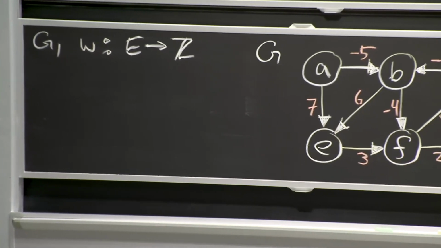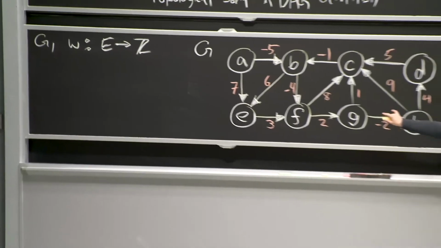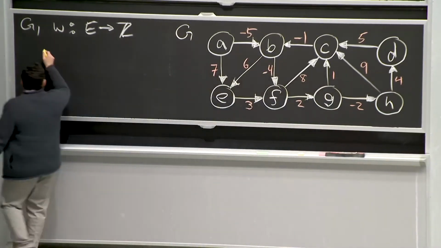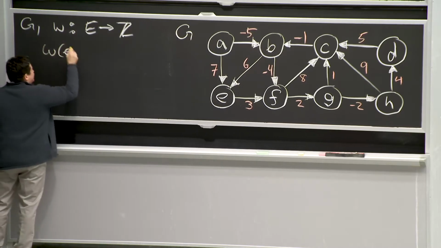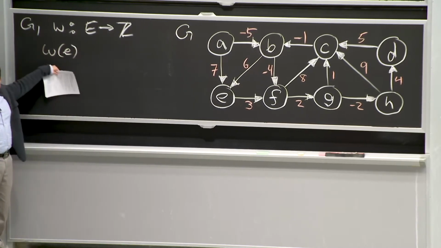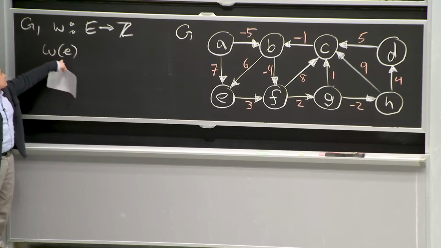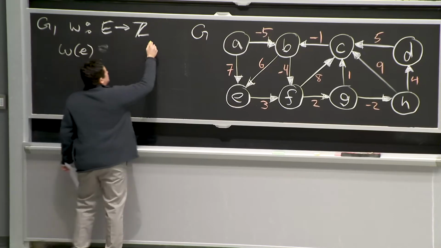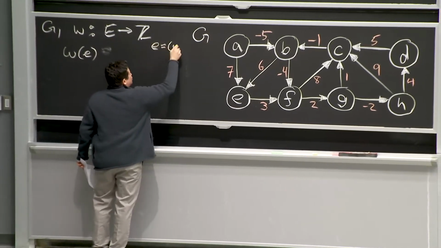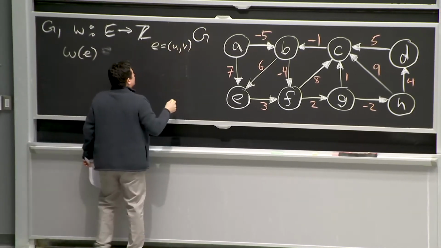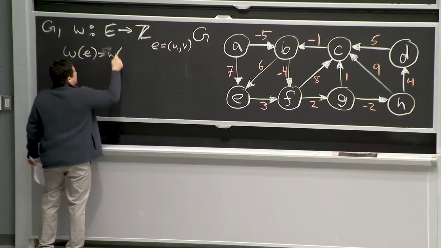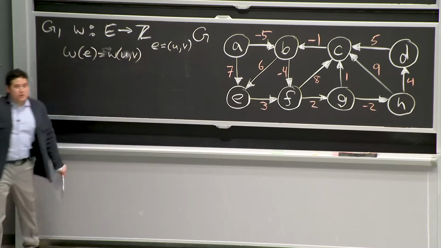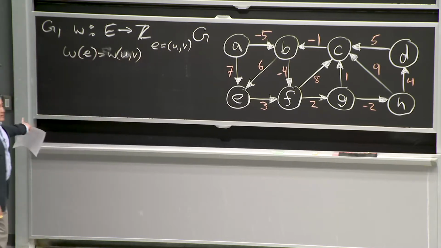In other contexts, in mathematics, you might have this be real numbers, but in this class, we're going to deal with integers. So for each edge, we're going to say this is the edge weight, the weight of this edge E. We might sometimes, if this edge E is (u, v), say the weight from u to v, since we have a simple graph that's unambiguous, right?